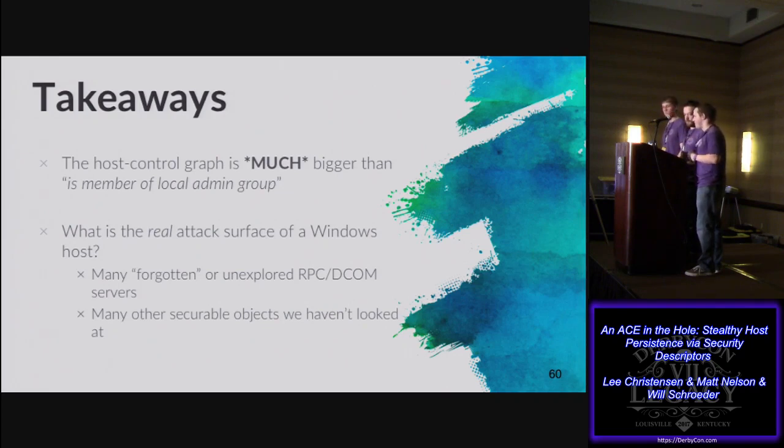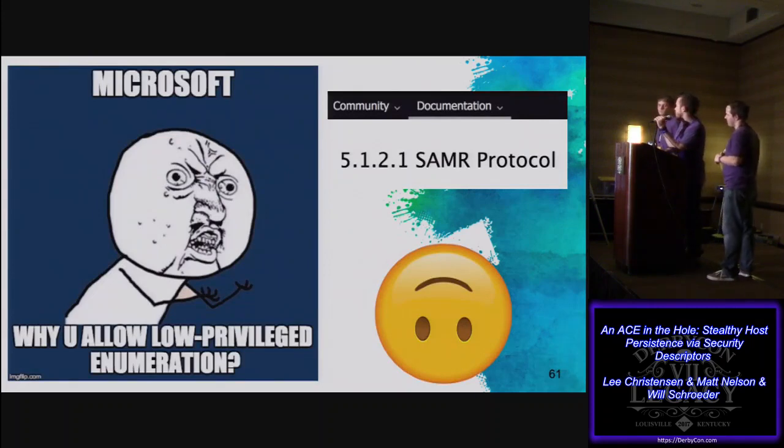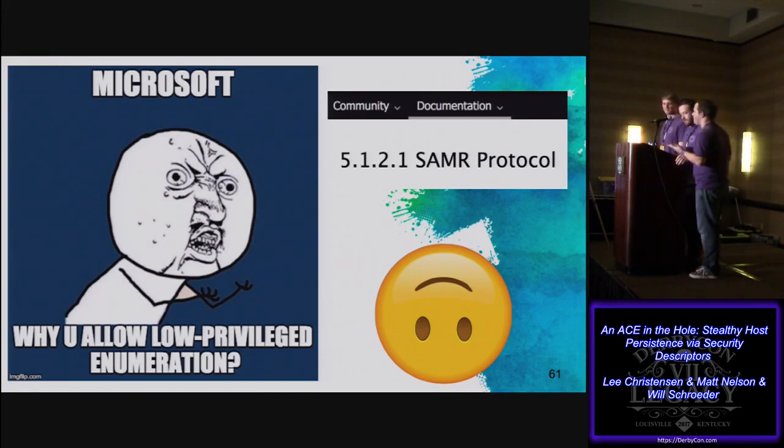One of the things we really learned about was what the real attack surface of Windows is. There are so many different services and RPC servers that we have either forgotten about, are unaware of, or are undocumented, that I'm really excited to start digging into. There are also several securable objects that we haven't even touched on yet. So there's a lot of research left to do.